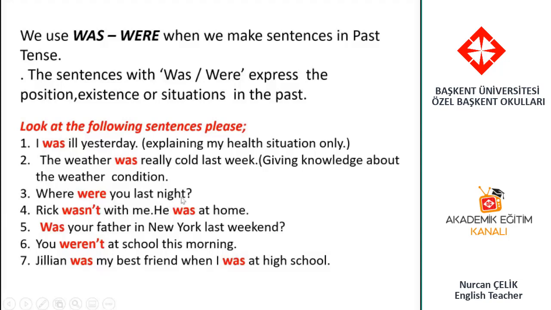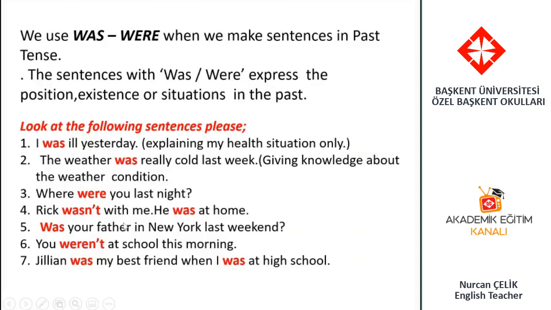Where were you last night? I'm asking about the existence or the situation of someone here, not what he did. Rick wasn't with me. He was at home. Here we're talking about Rick's existence somewhere, but we're not expressing what he did. Was your father in New York last weekend?